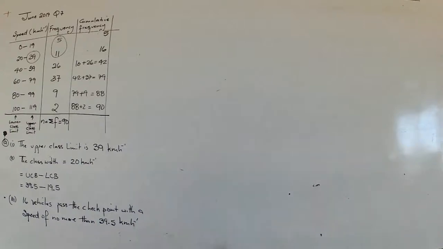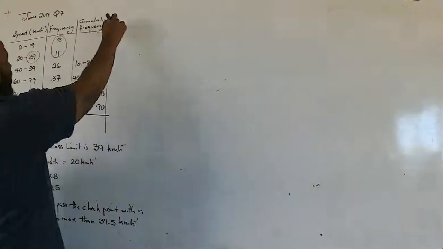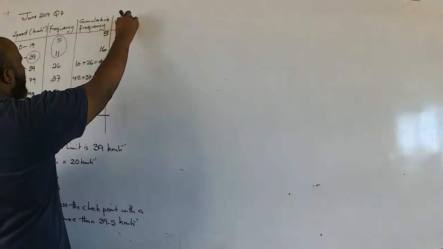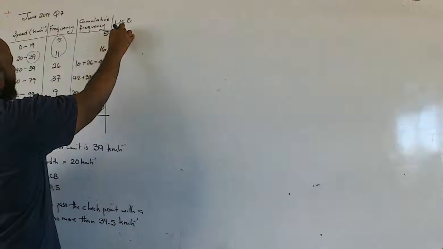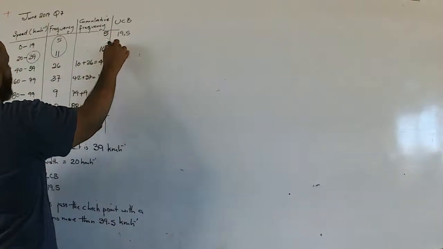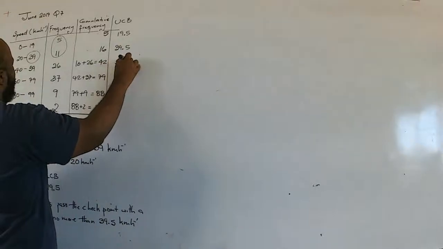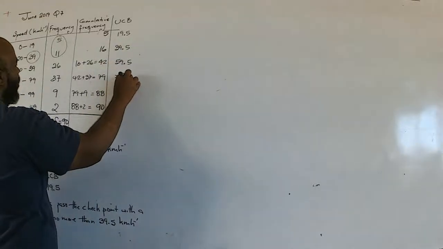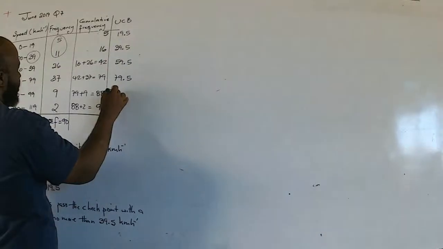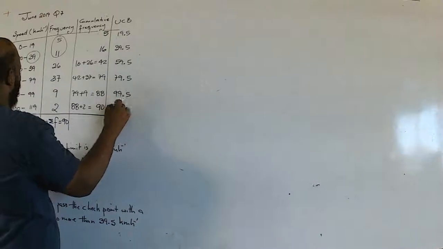Ladies and gentlemen, to draw a cumulative frequency curve, you need two values: the upper class boundary and the cumulative frequency. So the upper class boundaries: 19.5, 39.5, 59.5, 79.5, 99.5, and what?